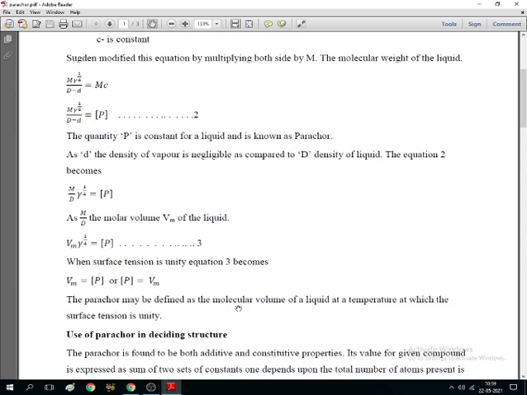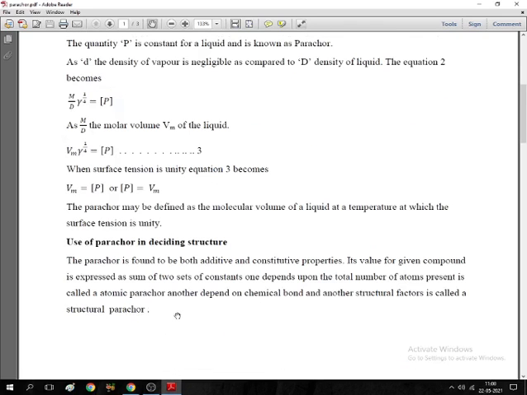The Parachor is defined as the molar volume of a liquid at a temperature at which surface tension is unity. सरफेस टेन्शन 1 असताना त्या टेम्परेचरला असलेलं मोलार व्हॉल्यूम किंवा मॉलिक्युलर व्हॉल्यूम जे आहे त्याला म्हणायचं Parachor.